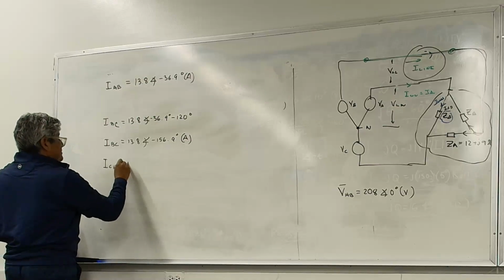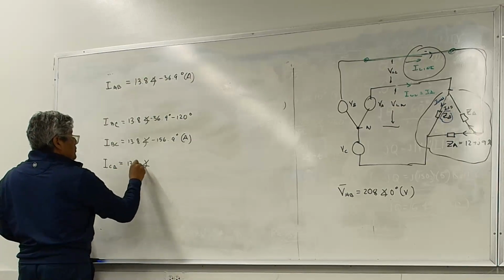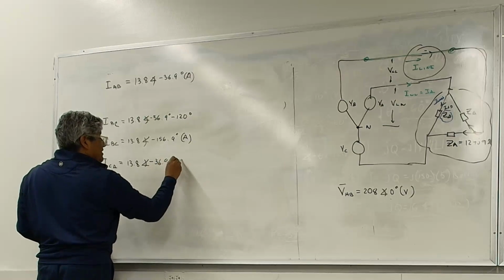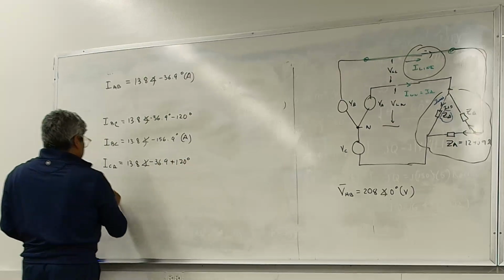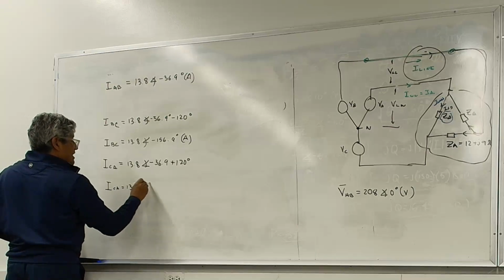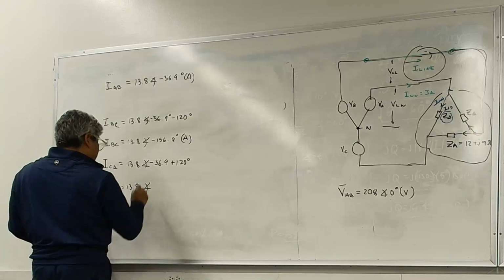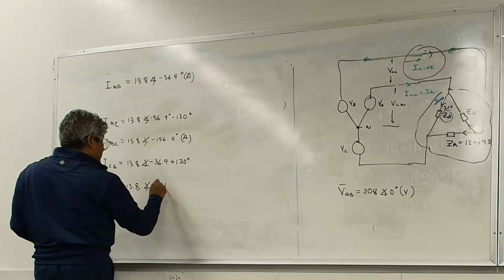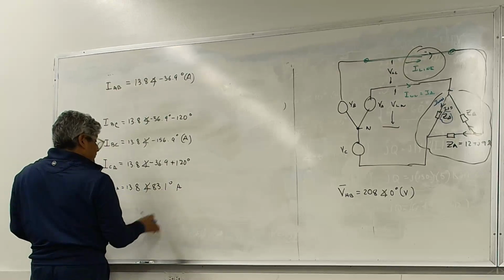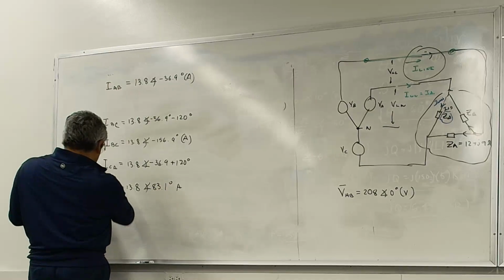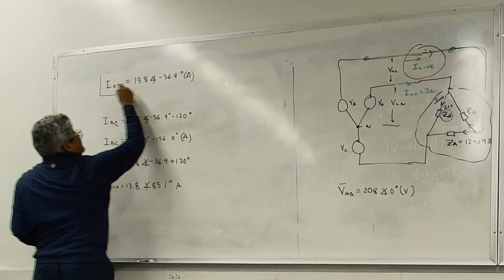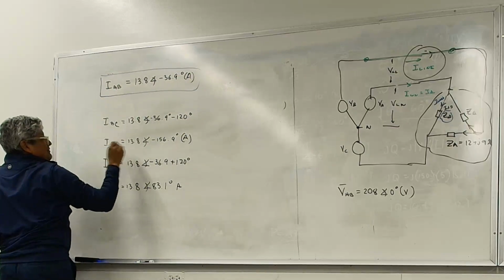And last but not least, 13.8, angle of minus 36.9 degrees plus 120 degrees. That gives me ICA is equal to 13.8, angle of 83.1 degrees. And this is in amps. I drew the phasors for you on my solutions. I'm not going to do it here, I'll give you that answer.